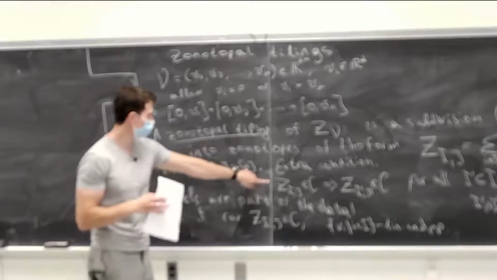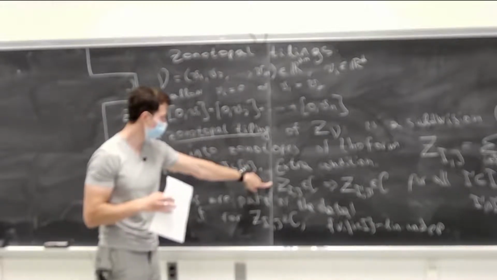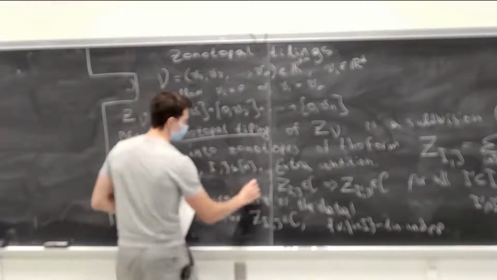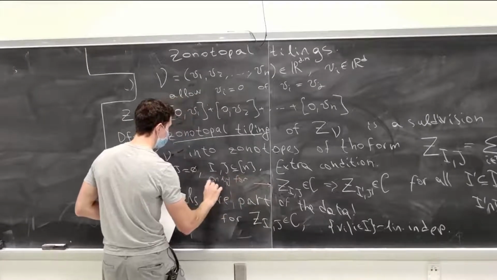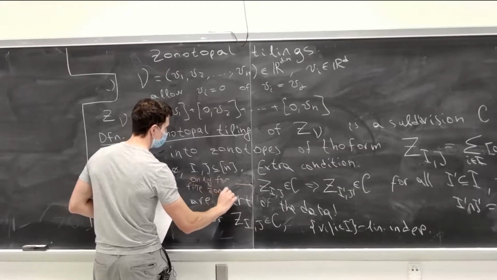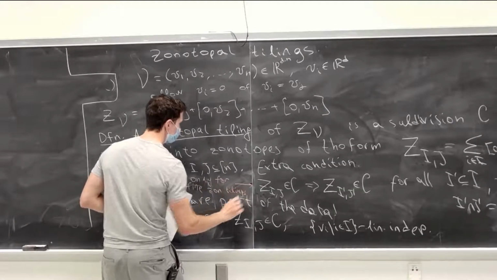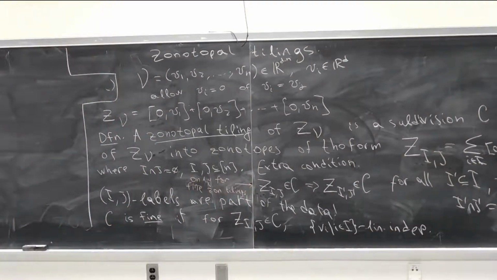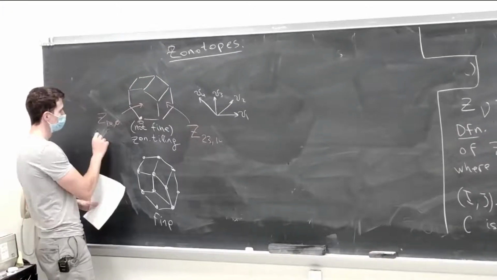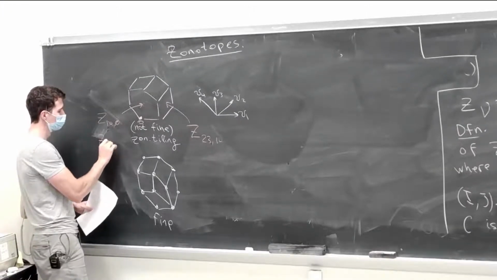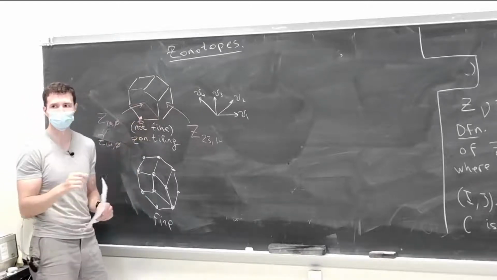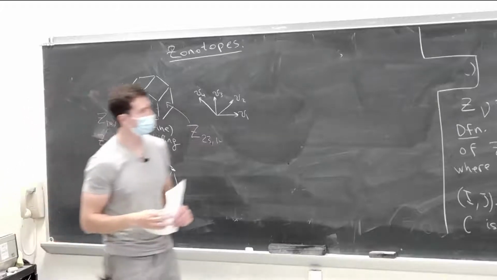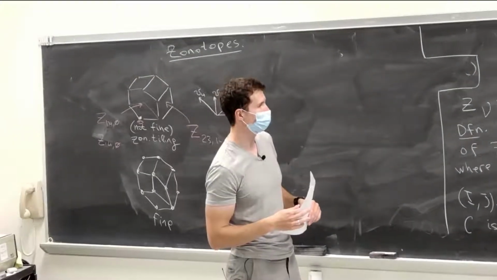I think this condition should be true only for fine zonotopal tilings. Because indeed here, if this is Z_{134, empty set}, then Z_{14, empty set} would be this tile here, which, okay, you're right. So there should be a different extra condition.